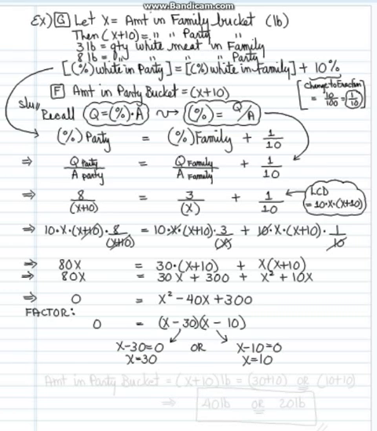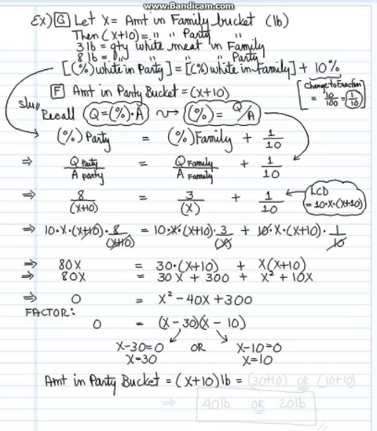Go back to what you were asked to find. The amount of chicken in the party bucket. Well, that's not x. If you look back at the top, it's equal to x plus 10 more pounds than we had in the x bucket, the family bucket.